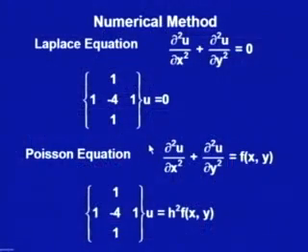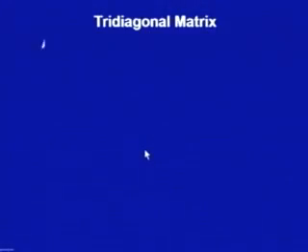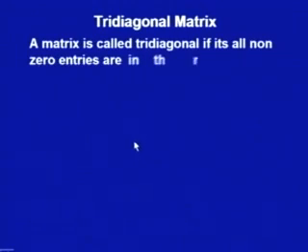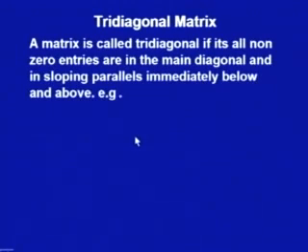Let us start with the same discretization scheme. We have one more term. A matrix is called tridiagonal if all its non-zero entries are in the main diagonal and in the sloping parallels immediately below and above.